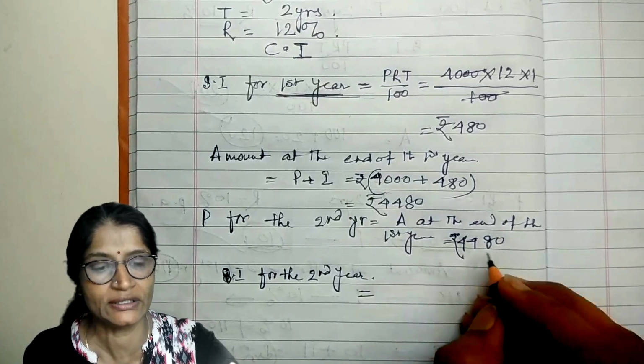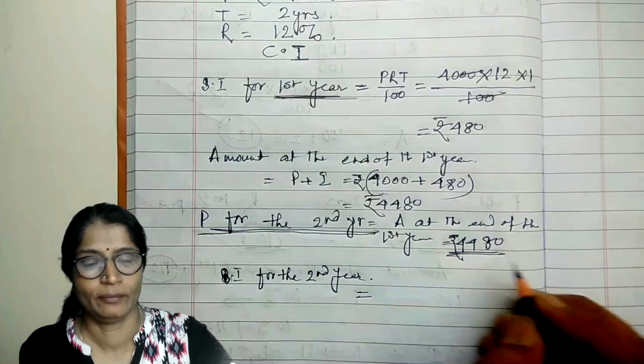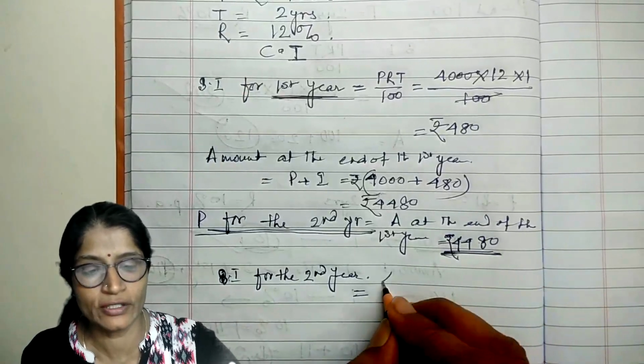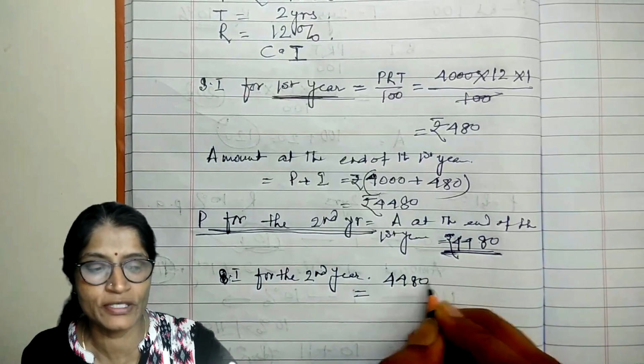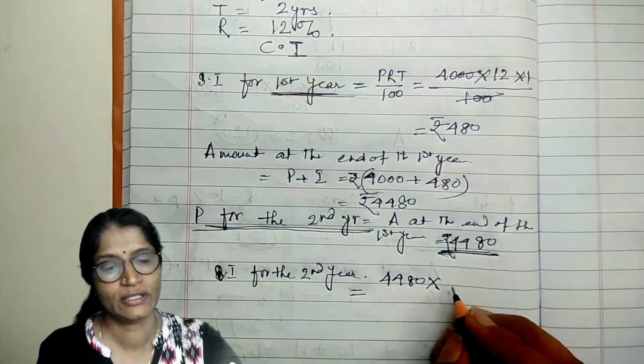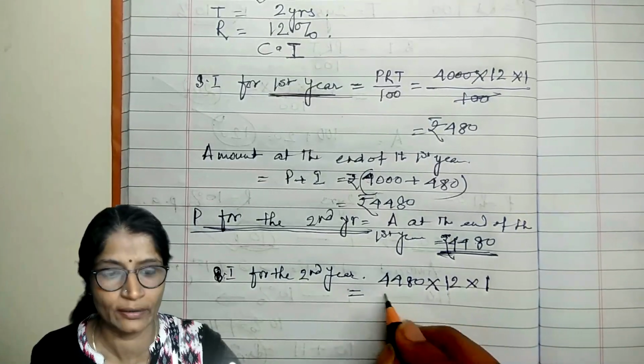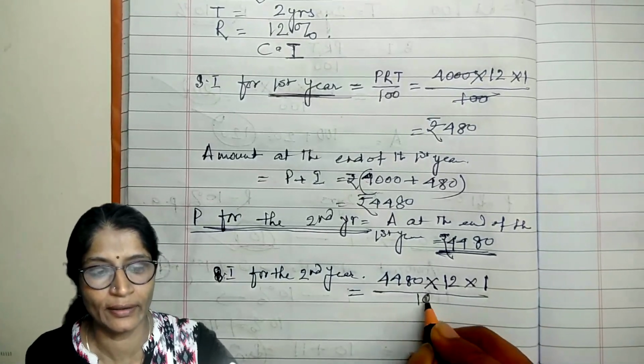So P here in this case, I told you that P for the second year is 4,480. So take 4,480 principal. Then R, that is the rate of interest, is the same, that is 12, and time 1 year, not 2 years, 1 year, divided by 100.